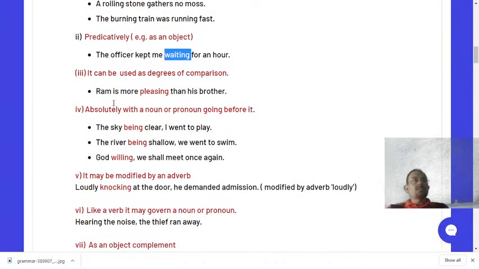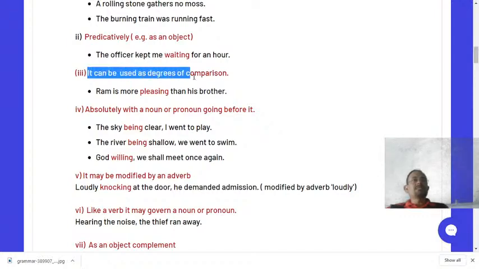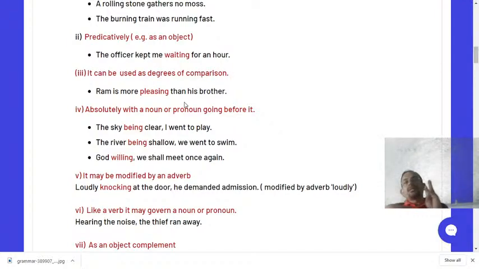Now let's move on to the third rule, that is it can be used as degrees of comparison. There are three degrees of comparison: positive degree, comparative degree, and superlative degree. So sometimes a present participle is also used as degrees of comparison. For example, Ram is more pleasing than his brother. So pleasing is used after more, which is a comparative degree.